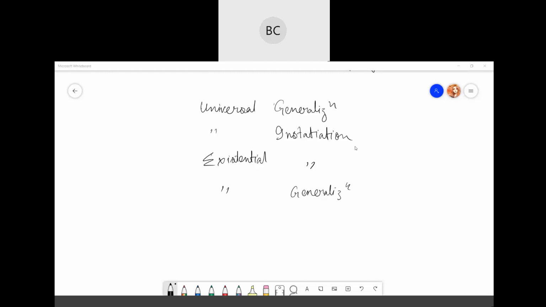Apart from these, we have some other inference rules in FOL, and one of them is the generalized modus ponens rule.